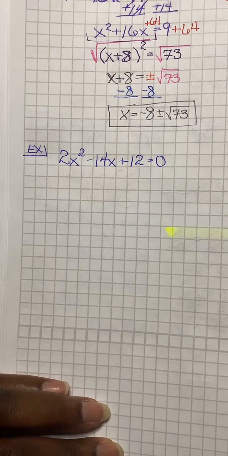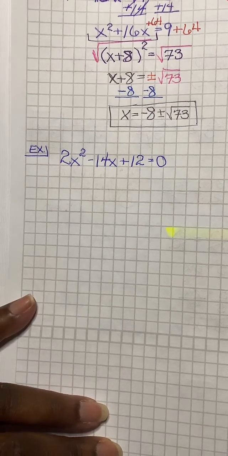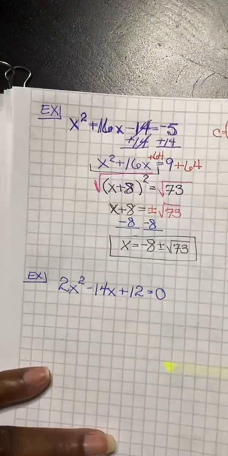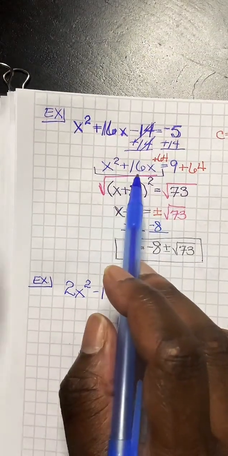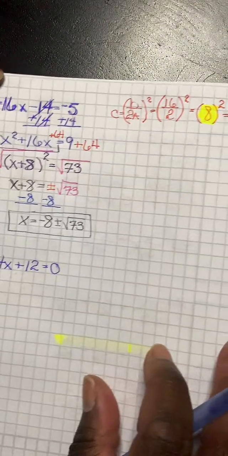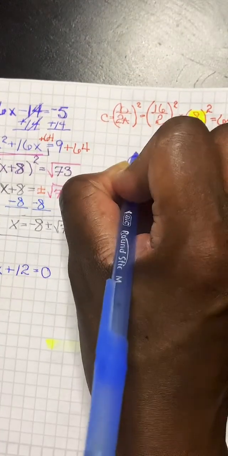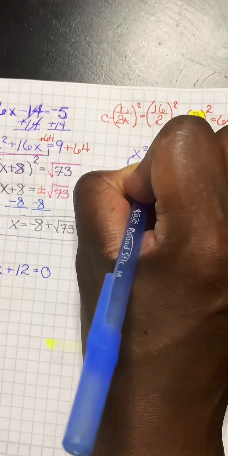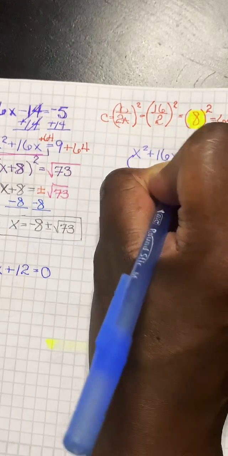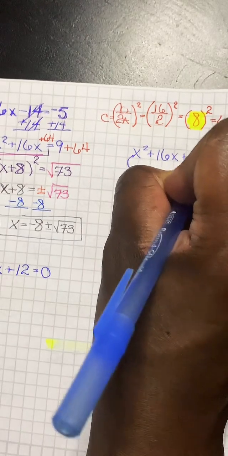What happened to the plus 16 and the 64? We factored it. Let me put it over here for a second. One moment, everyone. So there was x squared plus 16x plus 64.